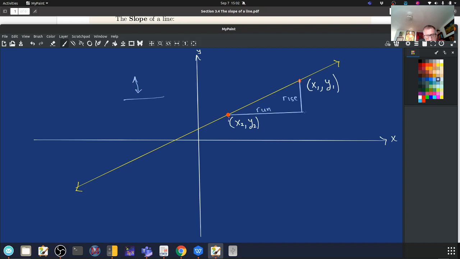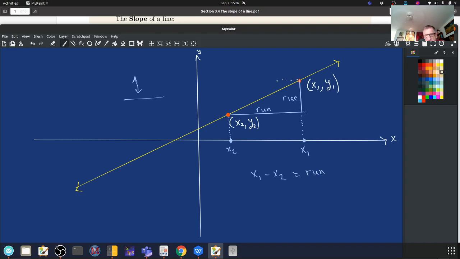Well, let's go ahead and drop a perpendicular down. So this right here is x2. I'm going to drop a perpendicular down, and this point right here on the x-axis is x1. So x1 minus x2 is equal to the run. Well, what about the rise?